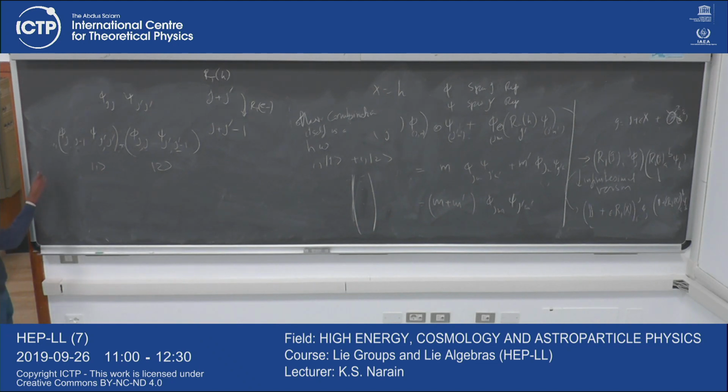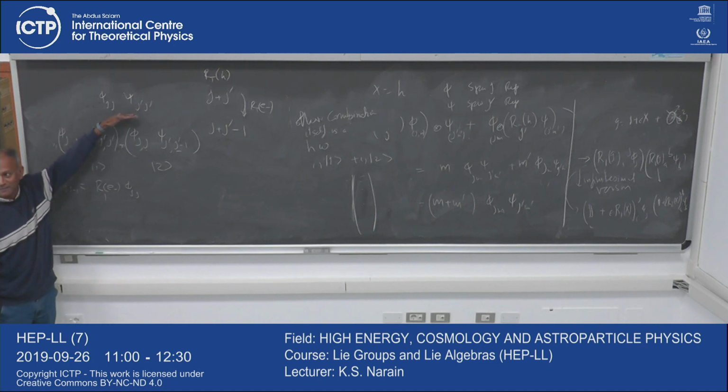The way we defined it in our original construction was that phi j minus 1 was simply R(E minus) acting on phi j. Then when you apply R(E plus) on this, you get a commutator term and you get some number. It depends on how you normalize it. Whatever it is, it is going to be some number times that, and this is also going to give me some number times that.